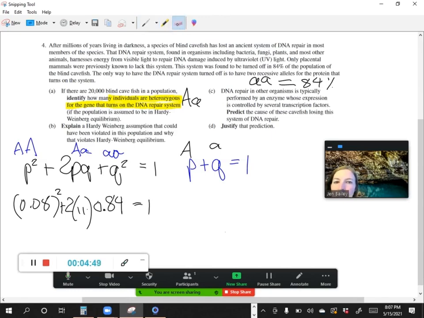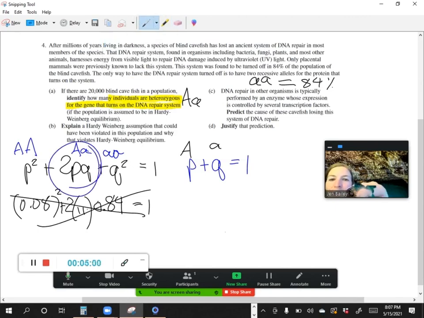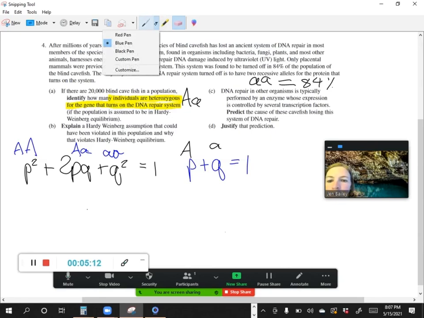But guess what? You actually don't need to do that, because all you really need to do is plug P and Q into here, because that's the one they want. They want the heterozygous. So let's forget all this stuff, and all you have to do is 2 times P, which was 0.08, and multiply by Q.